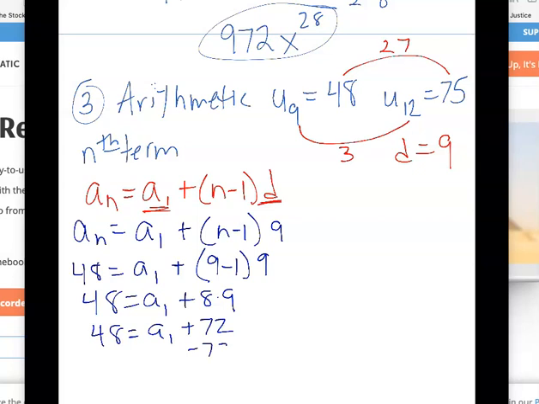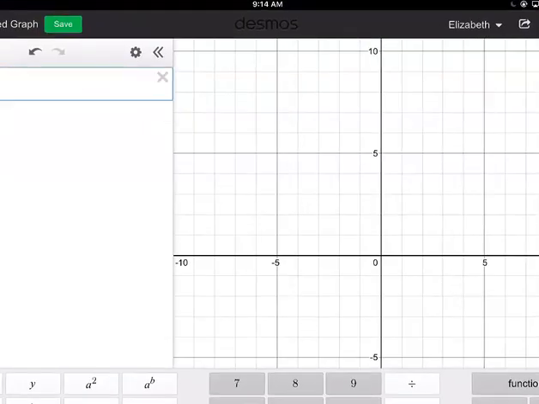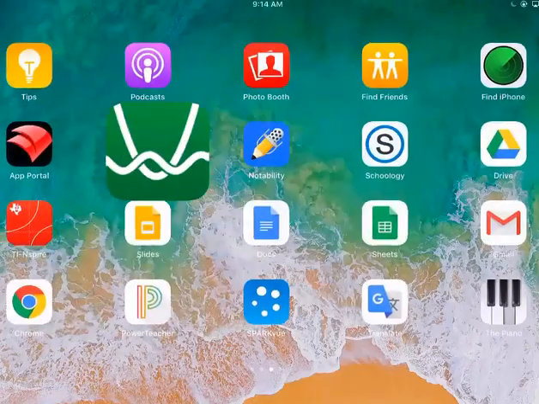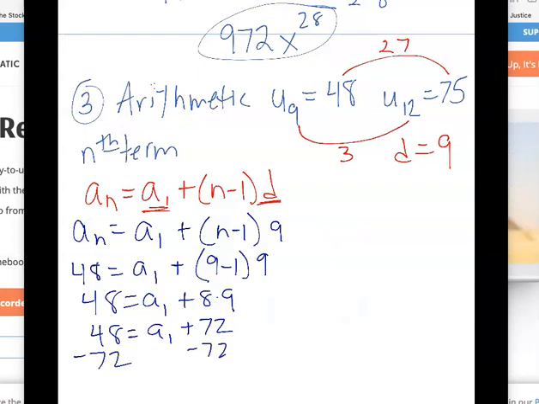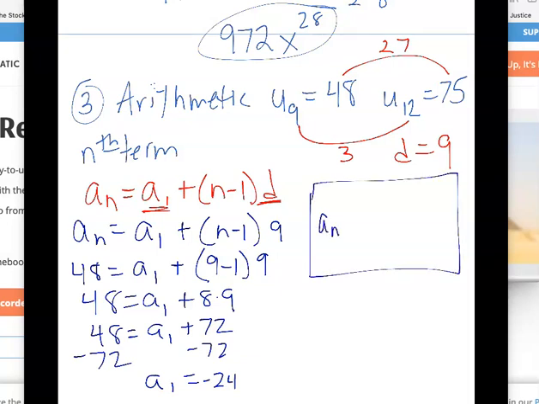So minus 72, minus 72. 48 minus 72 is negative 24. So a sub 1 equals negative 24. So we have then everything we need. A sub n equals negative 24 plus n minus 1 times 9.